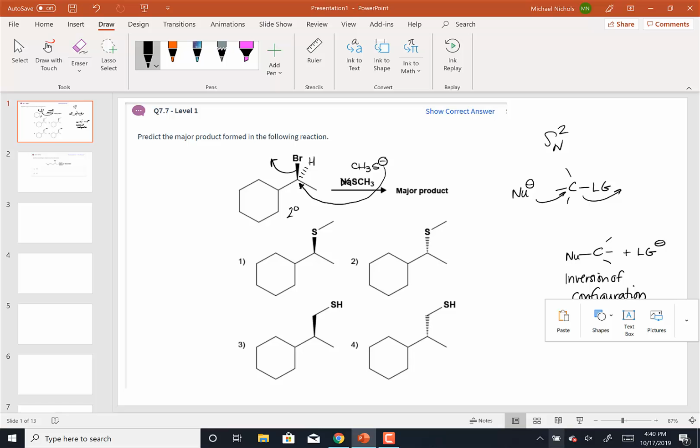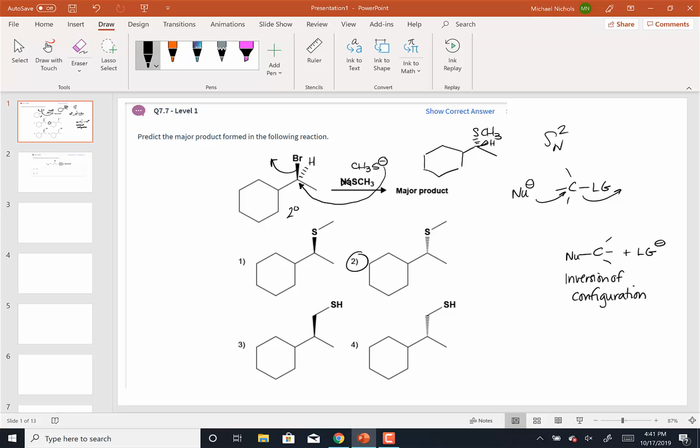And the product then, we will replace the Br with an SCH3. The only question is, should it go on a bold or a dashed wedge? Well, to invert the configuration, that sulfur would have to go on a dashed wedge, and the hydrogen would then go on a bold wedge, which would then lead us to product 2 being the major product of the reaction.